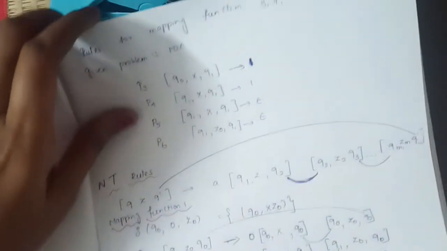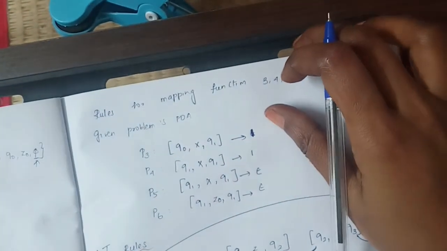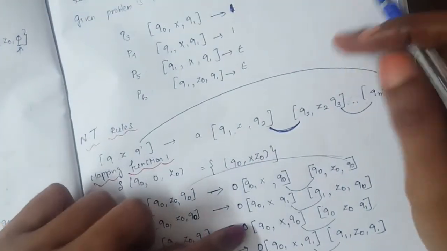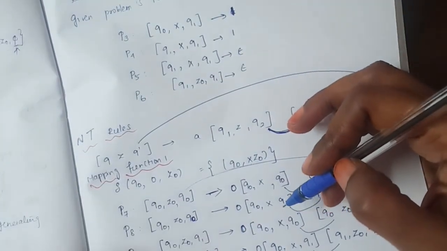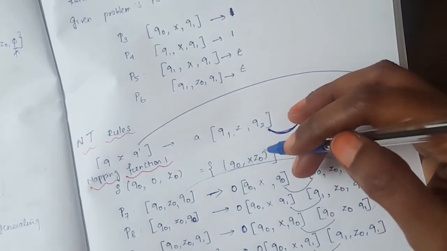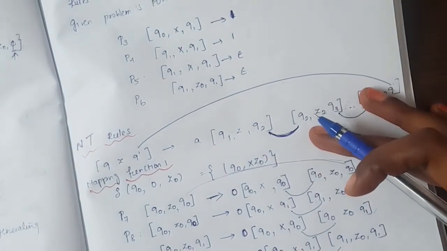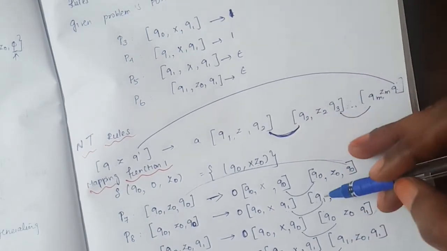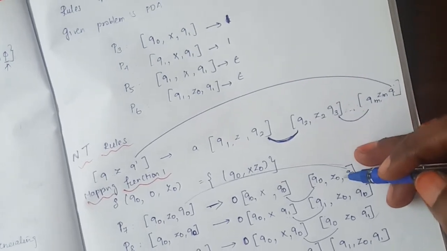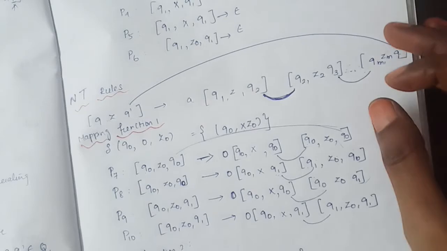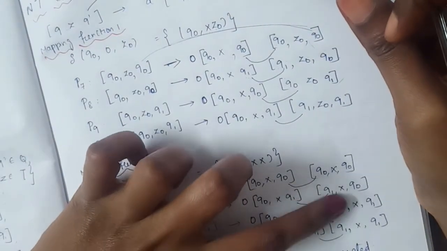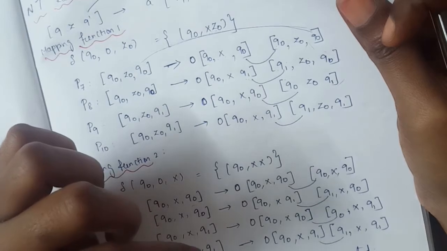See this Q1 x Q0. See my Q1, see my rules: Q1 x Q0 and Q1 is it not Q0. Look at this kind of production. So Q1 is it not Q0, and we'll have one more, this Q1 x Q1. So there are no productions for the variable.